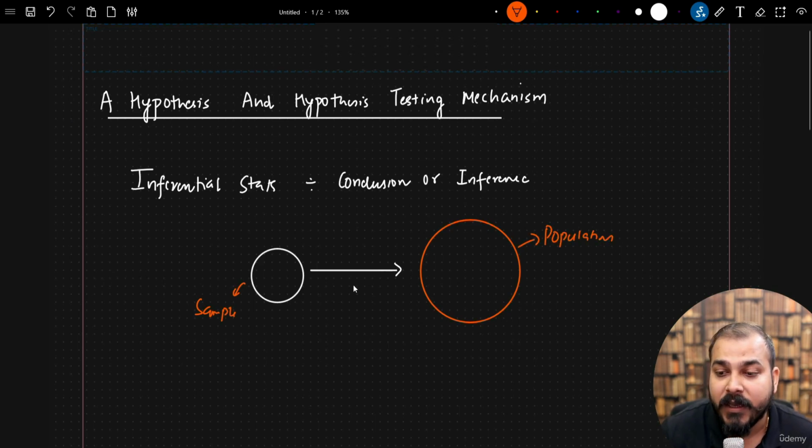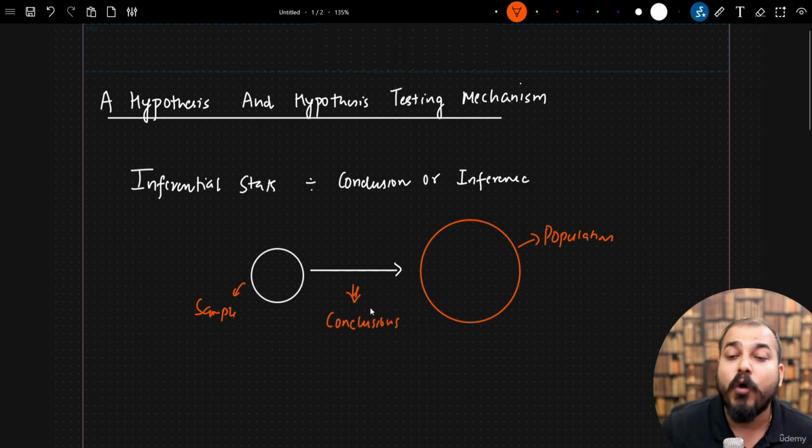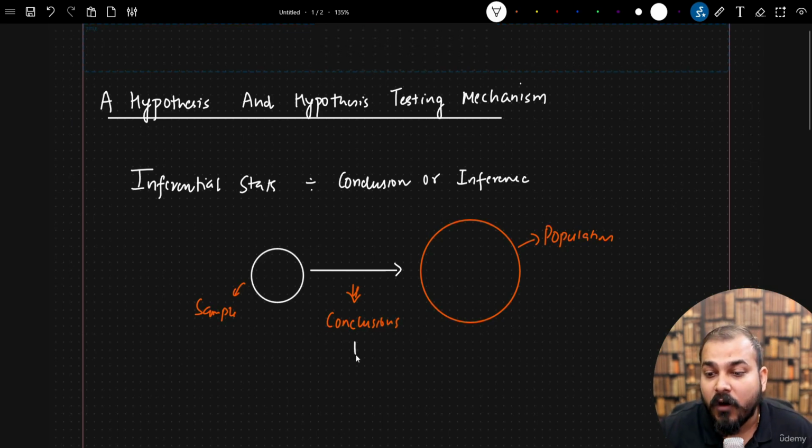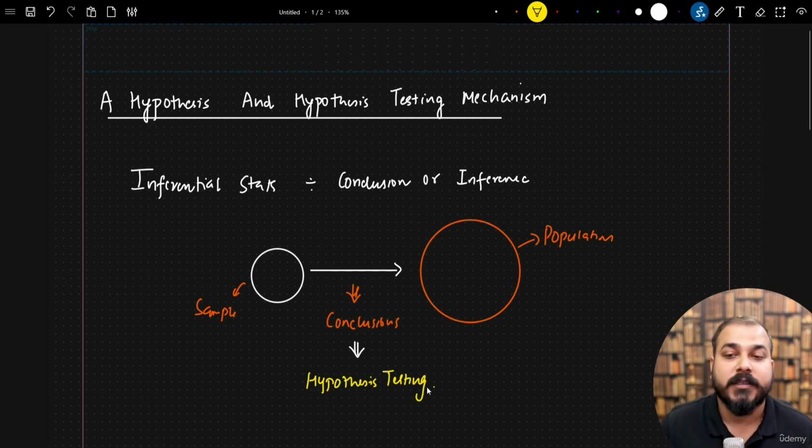And what is the main aim? We come up with some kind of conclusions or inferences. And how do we come to these conclusions? For this we use something called hypothesis testing. Now we will see how the hypothesis testing mechanism happens, how many steps there are, and what steps need to be followed.